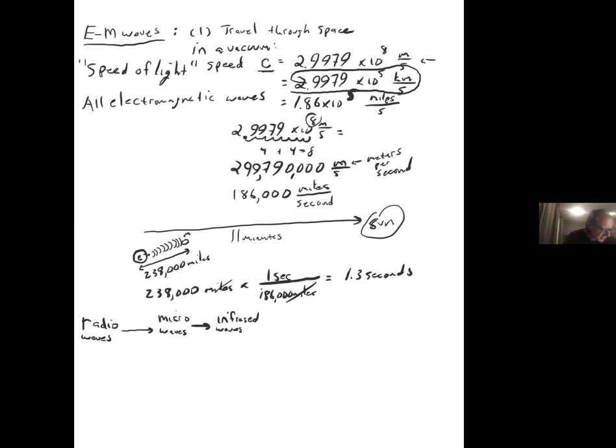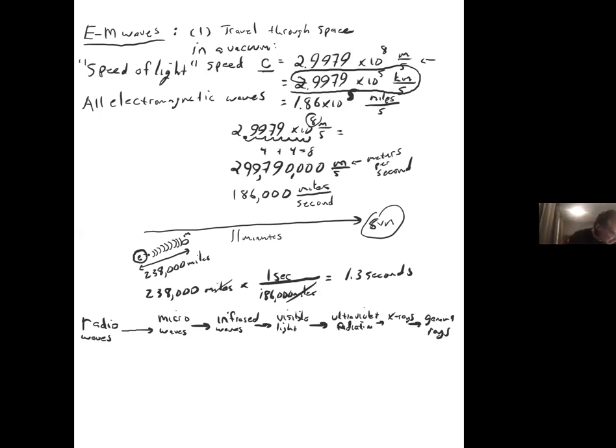These are all waves, and sometimes we call them waves, sometimes we call them rays. Visible light. Ultraviolet radiation, we call it radiation. Then you get X-rays, and then you get gamma rays. So those are all the different types of electromagnetic waves.